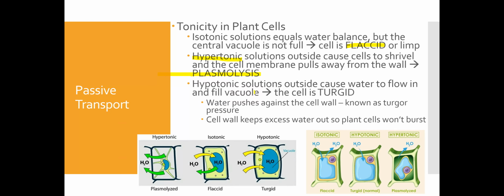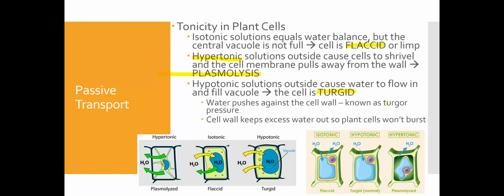And then hypotonic is actually not all bad for plants. Because they have the cell wall, it won't let water just keep going in and going in until it bursts like an animal cell. Instead, the water goes in, it fills up the vacuole, and it causes the cell to become turgid. When the water fills up, that water pushes against the cell wall in something known as turgor pressure.